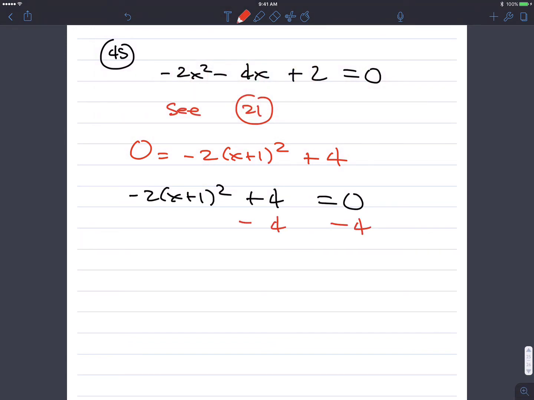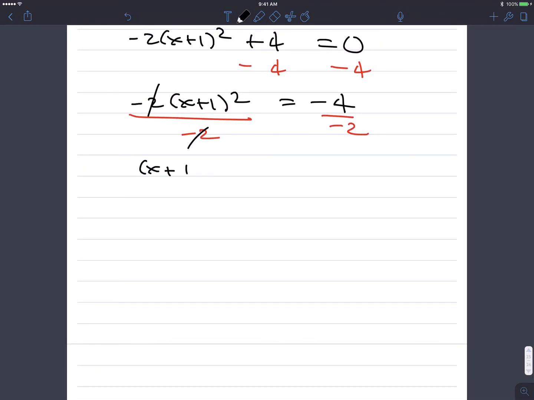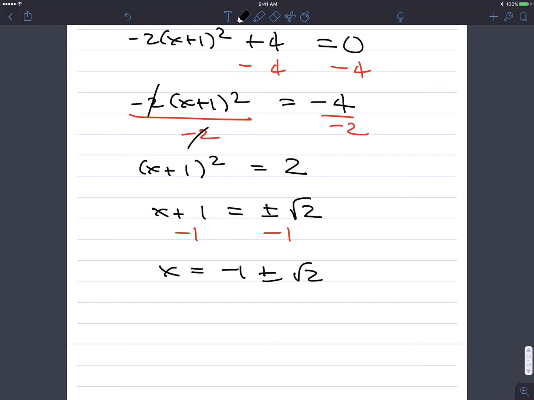Subtract 4, negative 2 times x plus 1 squared is negative 4. Divide both sides by negative 2. X plus 1 squared is positive 2. Square root formula. X plus 1 will be plus or minus square root of 2. Subtract 1, and you get x is negative 1 plus or minus square root of 2.